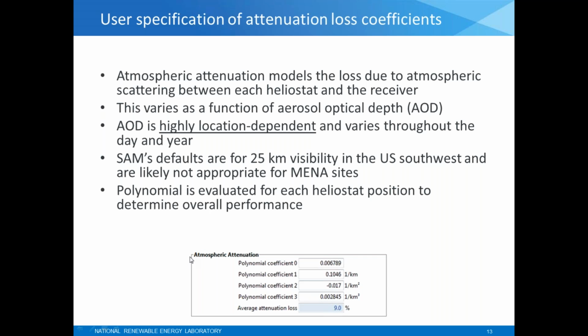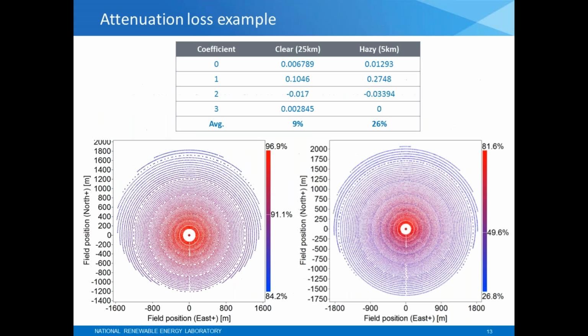But I do want to note that the polynomial that you put in here is evaluated for each heliostat position to determine the overall performance of the system. So for example, if we took this default polynomial with our 25-kilometer visibility, and by the way, I'll take an aside and say I don't actually know what this corresponds to in terms of aerosol optical depth, but the relationship here would be that the AOD would increase substantially between 25 and 5, just as a note.